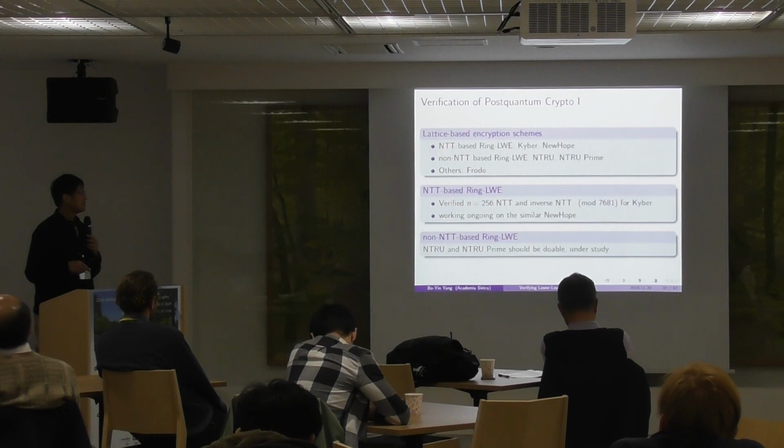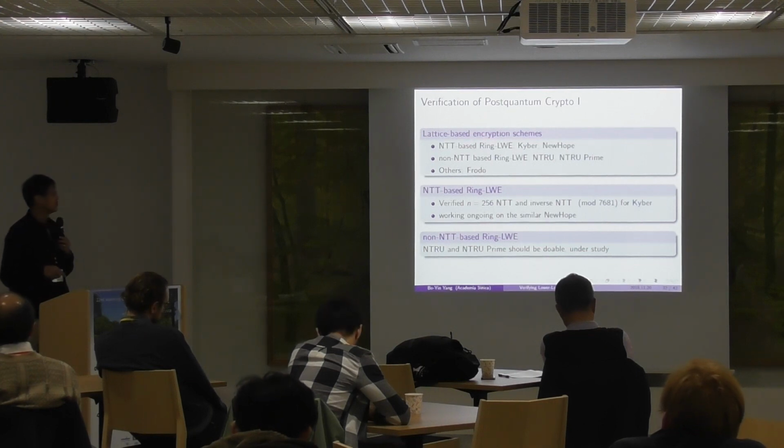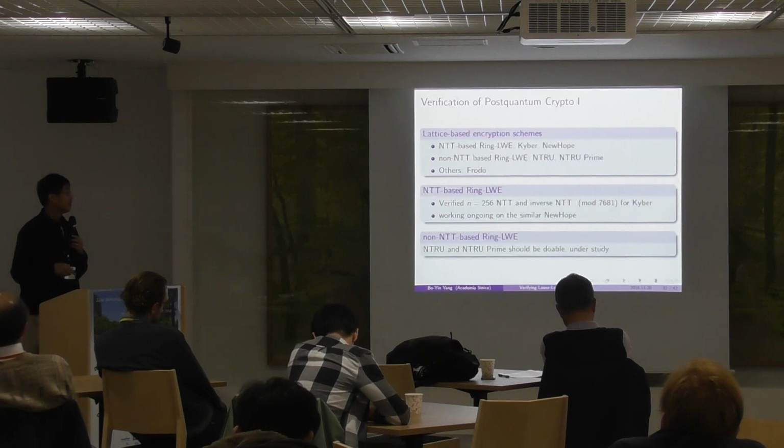There's NTT-based ring LWE like Kyber and NewHope. There's non-NTT-based ring LWE like NTRU and NTRU Prime. Here, NTT means the number theoretic transform, basically a kind of fast Fourier transform. And we have verified the NTT and inverse NTT modulo 7681 for Kyber, which has 256 leaves.